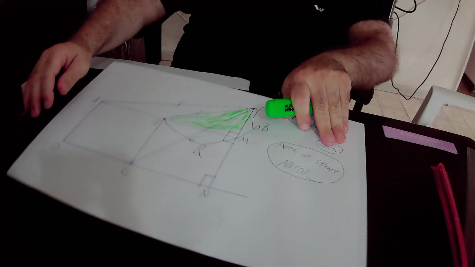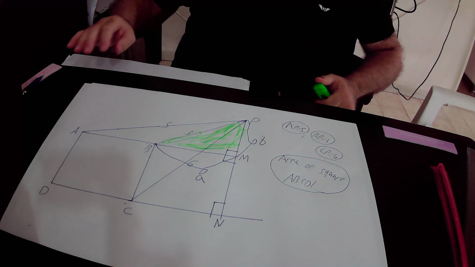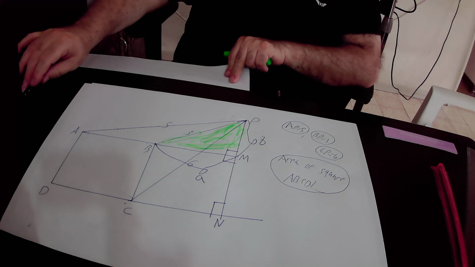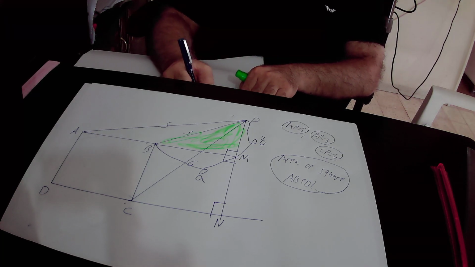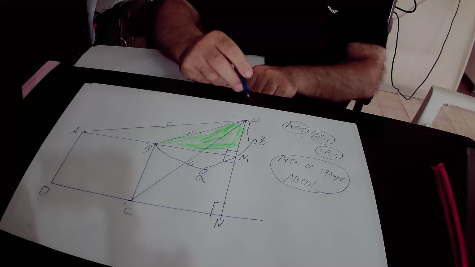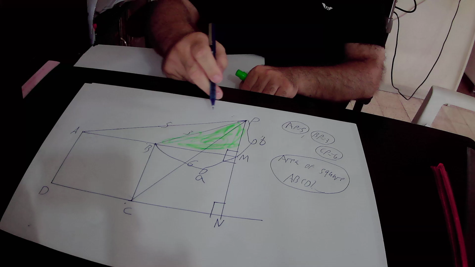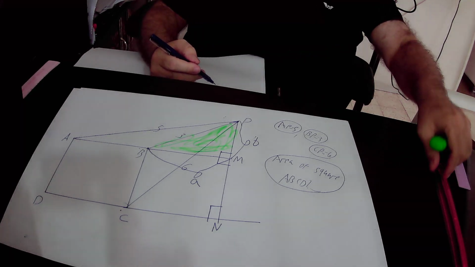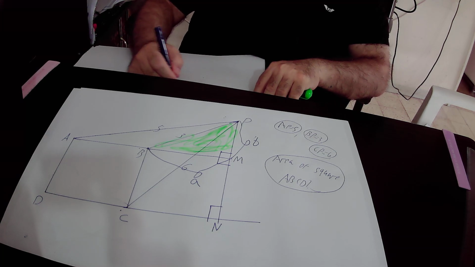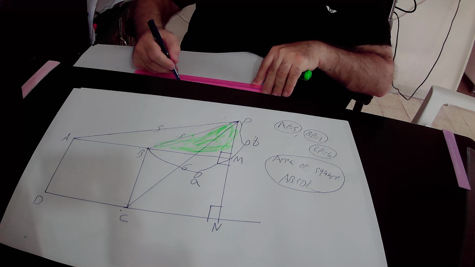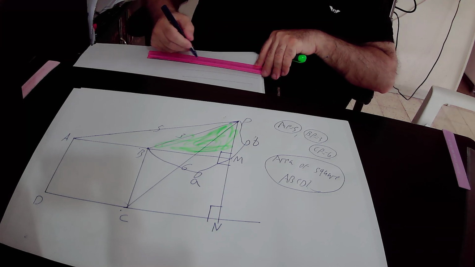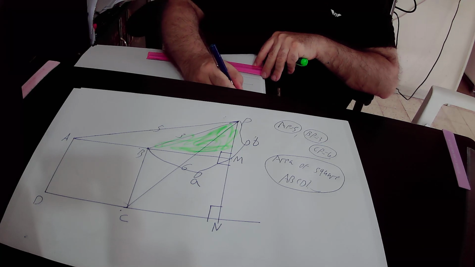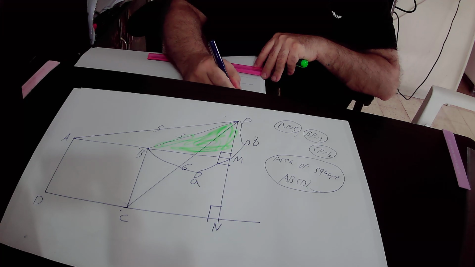According to the Pythagoras theorem, the square of the hypotenuse equals the sum of the squares of the perpendicular sides. In the right triangle PBM, the hypotenuse is PB, therefore the square of the hypotenuse will be PB square.